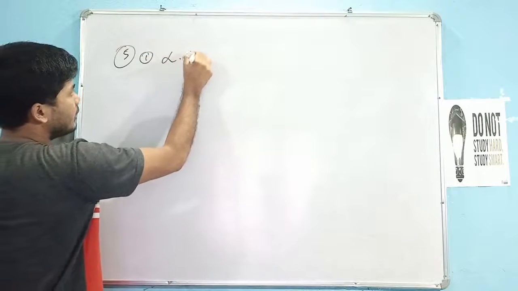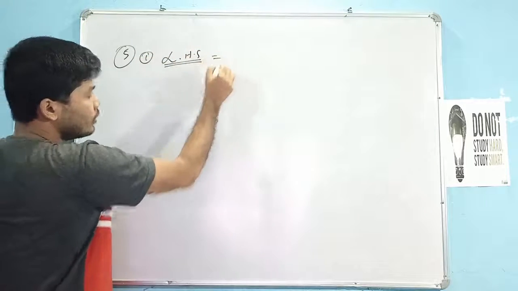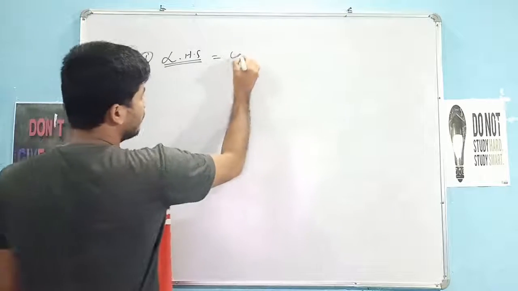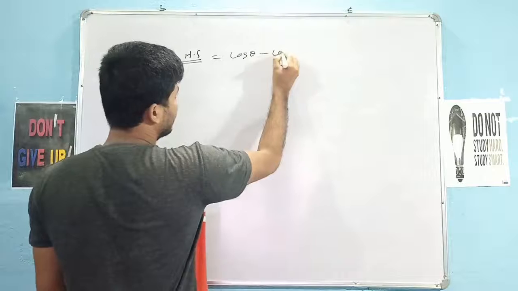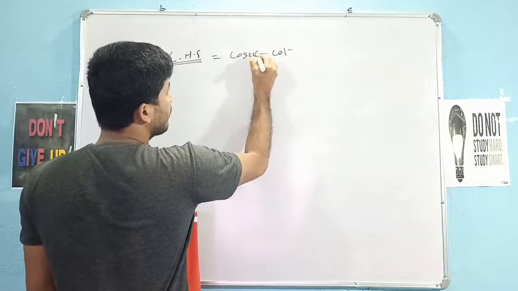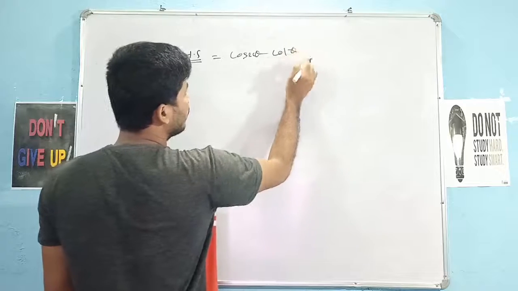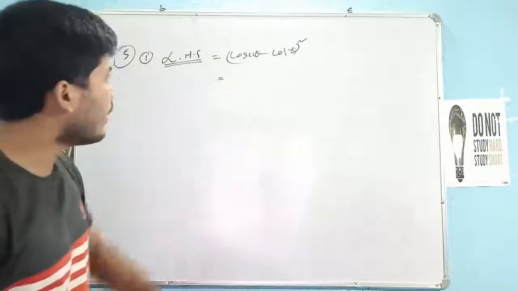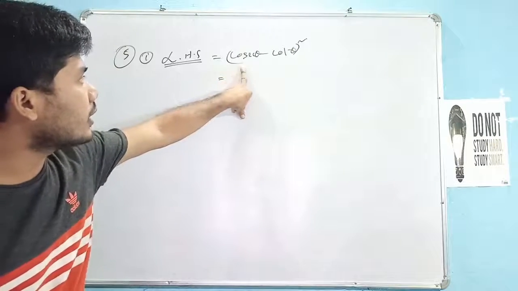Left hand side is (cosec theta minus cot theta) whole square. Okay, how can we write the cosec theta?